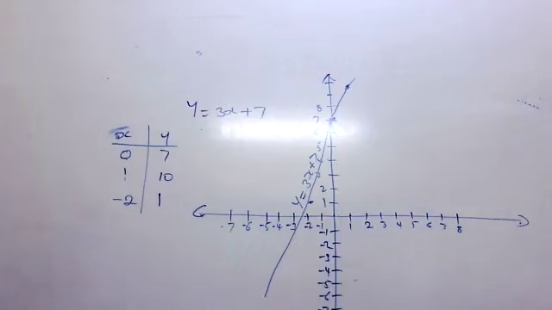So we have cluster, we have stratified, we have multi-stage, and then we have systematic sampling. Every k items will be selected to be included in the sample.